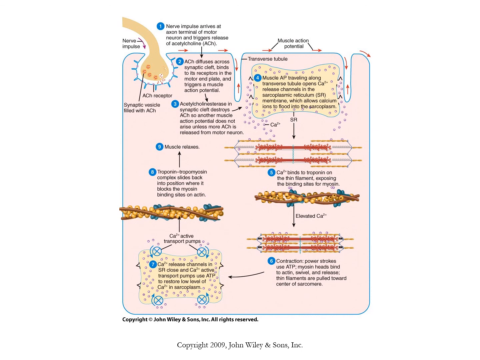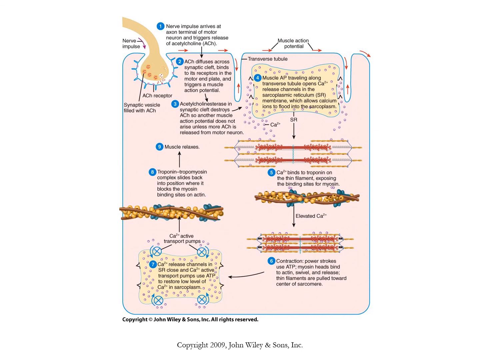So once acetylcholine is removed from the cleft, the channels close and calcium pumps in the sarcoplasmic reticulum will use ATP to restore low levels of calcium in the sarcoplasm by pumping it from the sarcoplasm back into the sarcoplasmic reticulum. So these calcium transport pumps are always active, always removing calcium from the sarcoplasm.